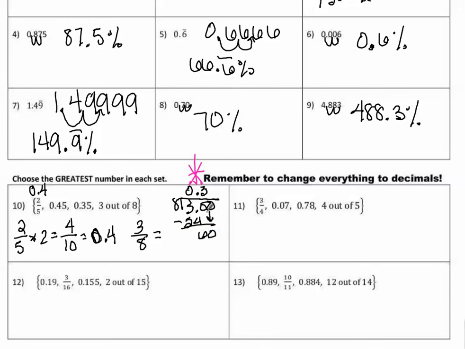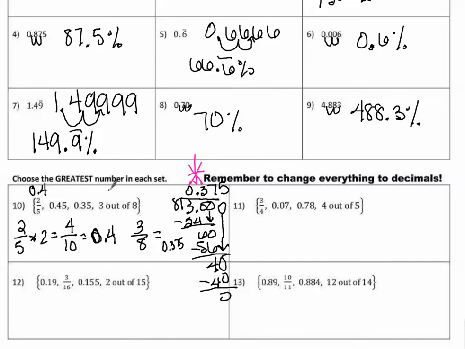Bring down your 0. 8 goes into 60 7 times. 7 times 8 is 56. Subtract, you get 4. Bring down your 0. Remember, you can bring down as many zeros as you want. 8 goes into 40 5 times. 5 times 8 is 40. Subtract, you get a 0 remainder. 3/8 is equivalent to 0.375.